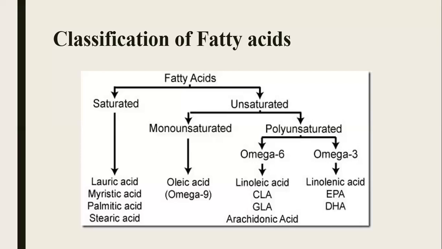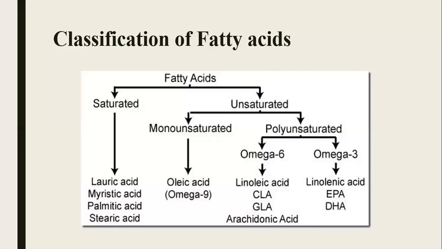The most important example of the monounsaturated fatty acid is oleic acid. And oleic acid is an example of an omega-9 fatty acid. What is omega-9 fatty acid? What are omega-6 fatty acids? Or what is omega-3 fatty acid? We will explain later on. So oleic acid is a monounsaturated fatty acid, containing one double bond.